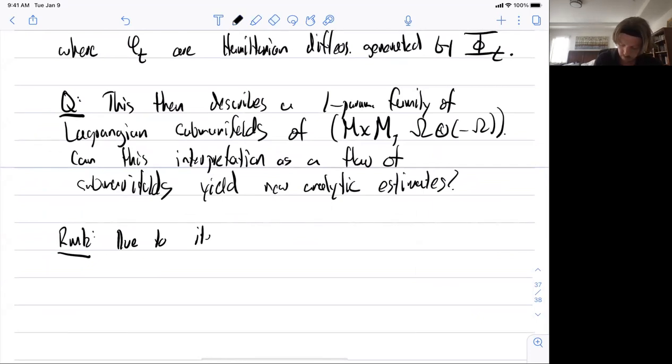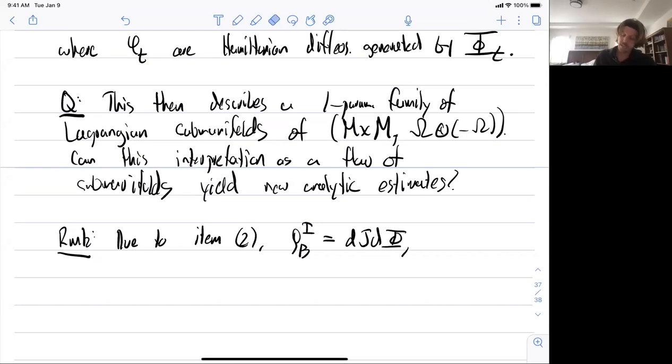Due to item 2, this formula for the Bismuth-Ricci, and the fact that in this setting we have a global holomorphic symplectic form, the first Chern class of the I complex manifold is 0, even in the Bott-Chern sense.